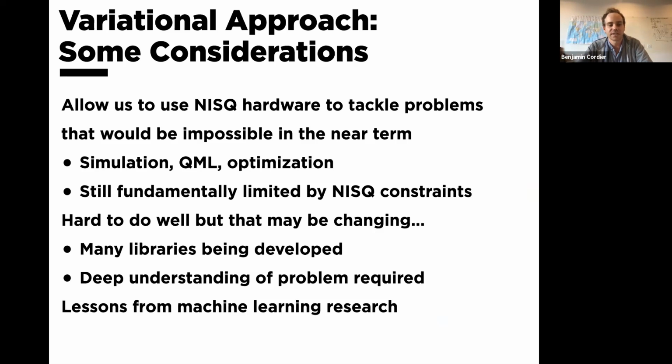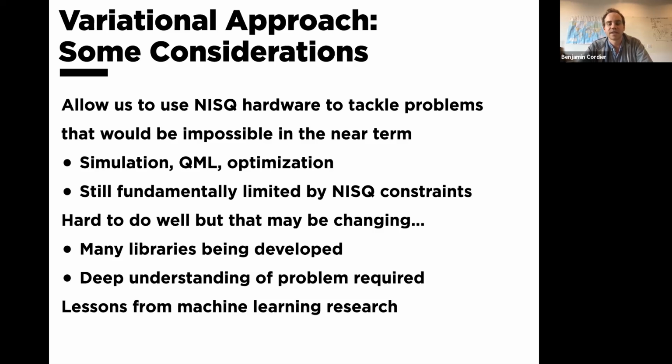There are a lot of examples of researchers using variational approaches to simulate molecules like lithium hydride and other different chemistries. We have also seen examples for quantum machine learning and also optimization. But it seems that a lot of these approaches are still fundamentally limited, and a lot of these limitations can be put down to the constraints of NISQ devices.